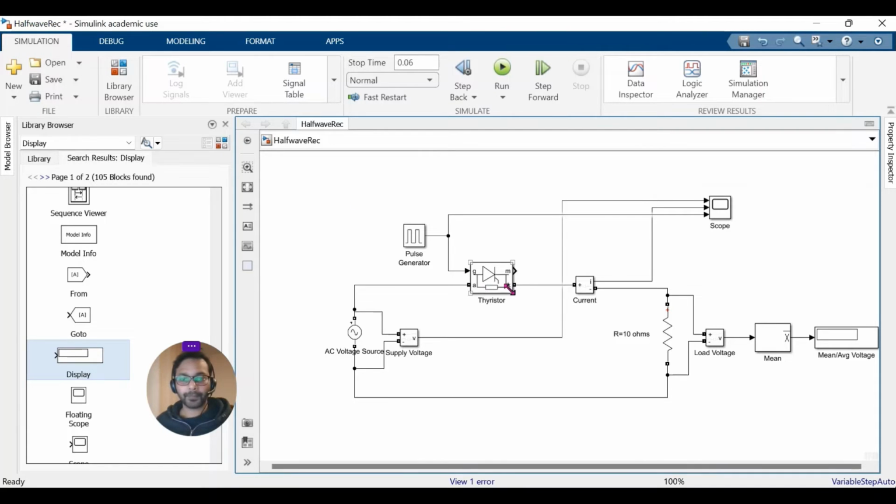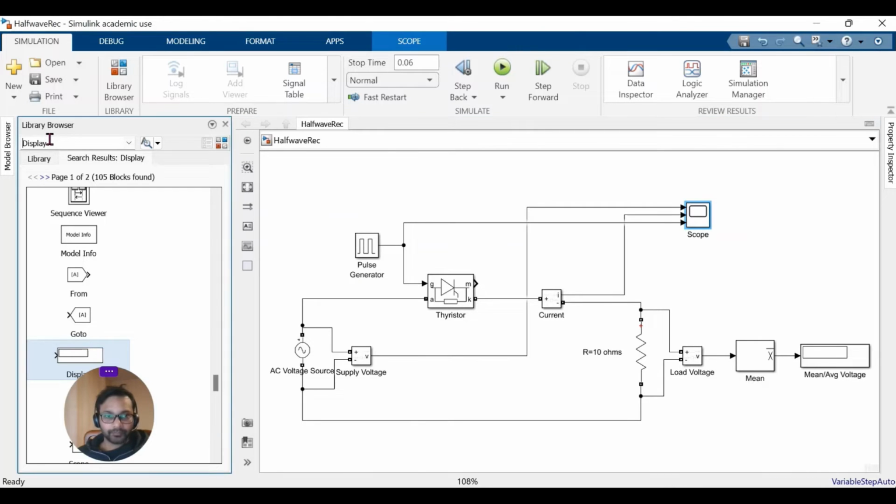The last thing is, obviously, don't forget to add the power GUI block.